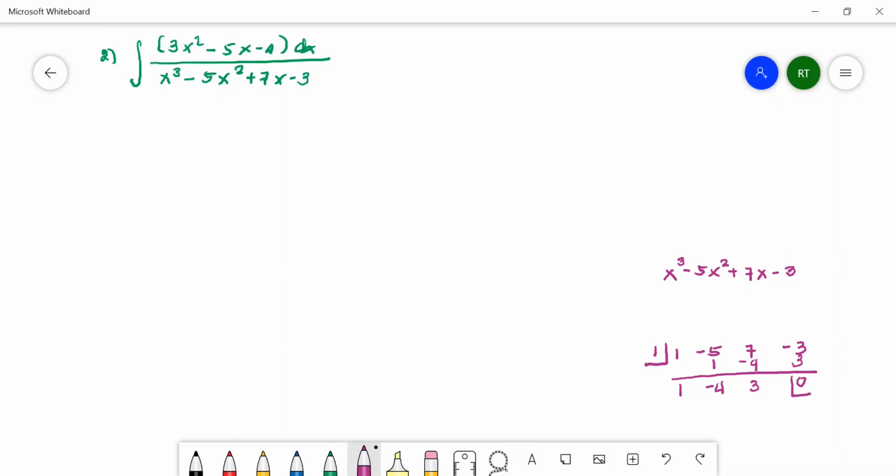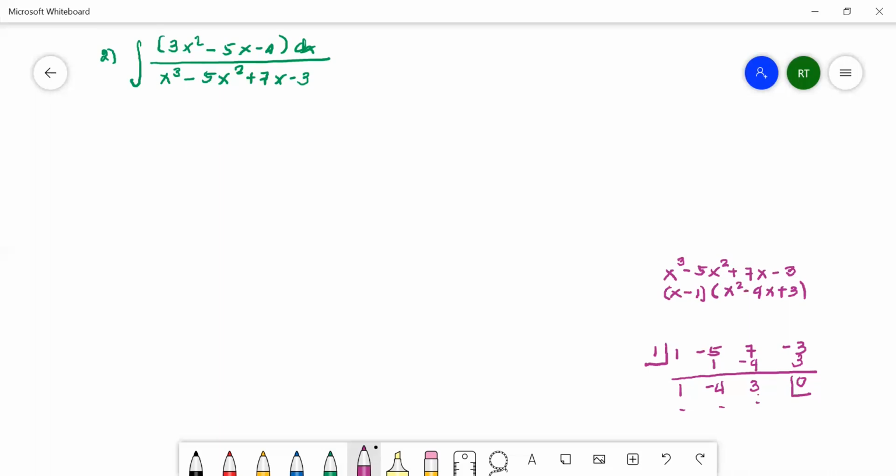So that would mean that if r is equal to 1, then one of the factors of the denominator is x minus 1. The other factor is a quadratic factor whose numerical coefficients are 1, negative 4, 3. Therefore, the other factor is x squared minus 4x plus 3.